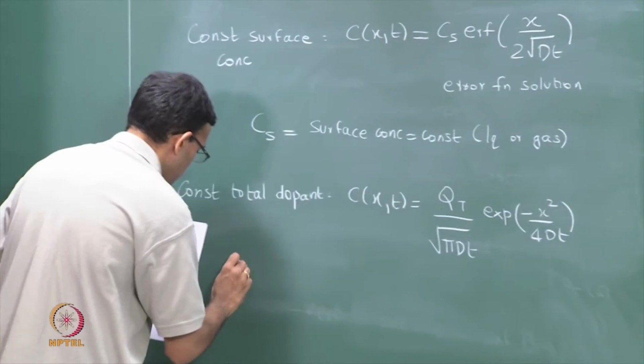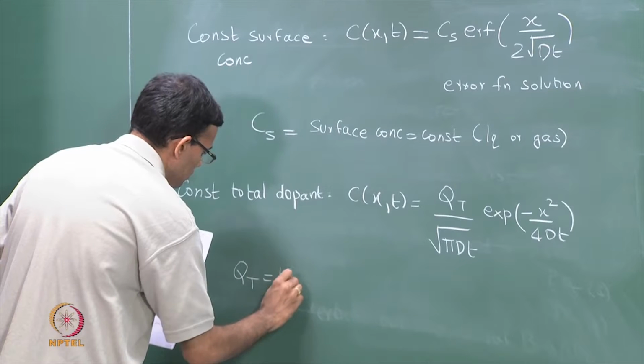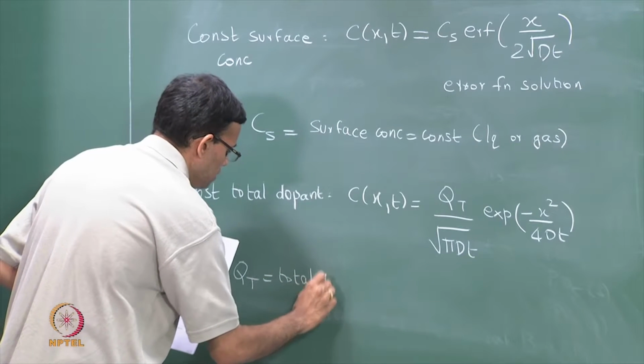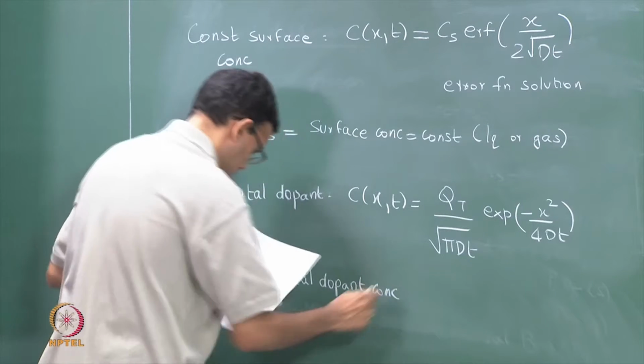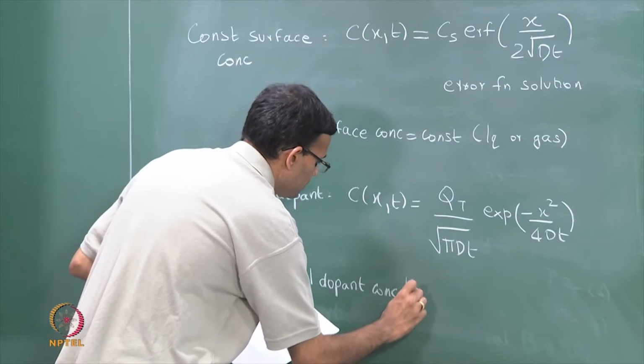Qt is the total dopant concentration per unit area.